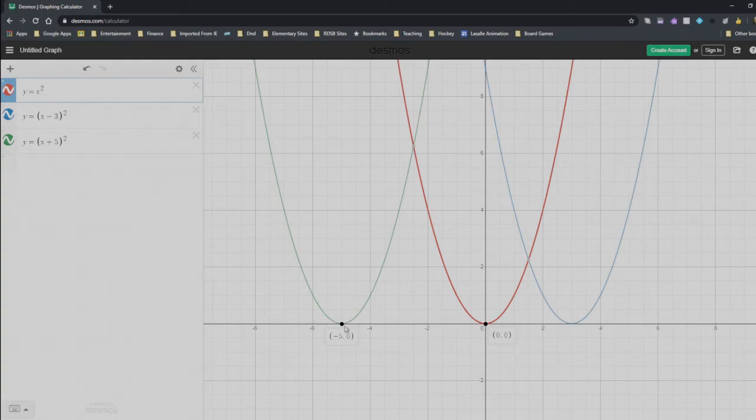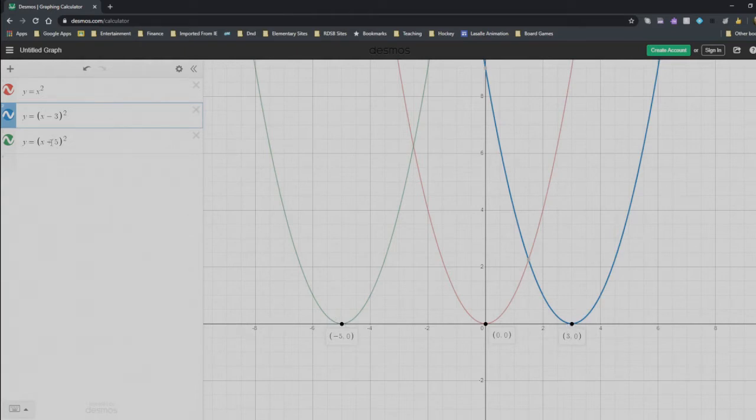So if you look at the value inside of the bracket here, let's just look at x minus 3. If we go to the parabola (x minus 3) squared, look at the coordinate of the vertex. The coordinate of the vertex has the same number that's inside the bracket, but again, the opposite sign, right? So it's a negative 3 in the bracket, but it's a positive 3 on the x-axis.